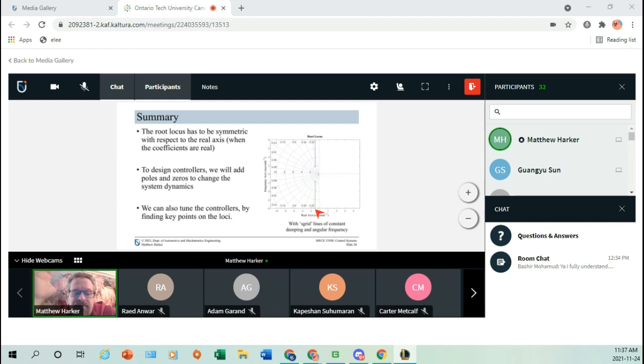Yeah, so the transfer function is basically ratios of polynomials. We know the polynomials have either real roots or complex conjugate pairs, right?